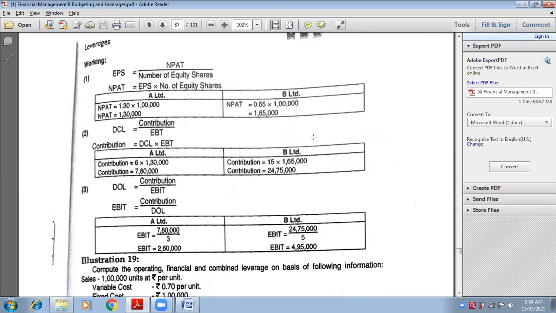What is contribution? Are you sure our contribution is correct? Yes, our answer is correct. Instead of taking EBT, they have taken EAT.